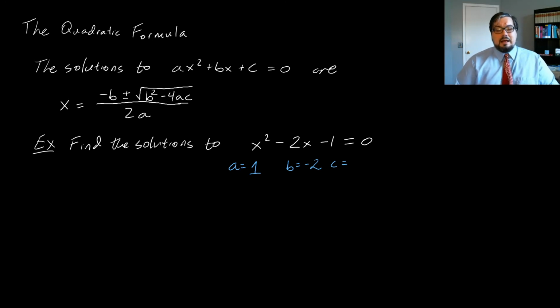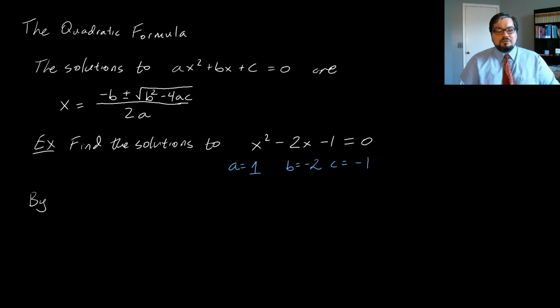And so our b value here, the coefficient of x, is negative 2. Finally, c is the constant value over here, and again, the negative has to go with the number to its right. So we have a equals 1, b equals negative 2, and c equals negative 1.